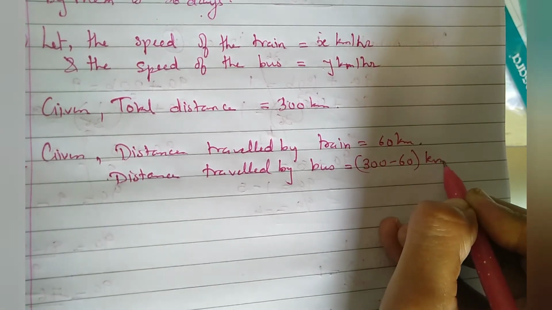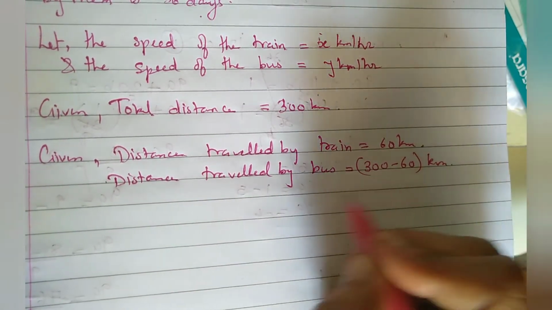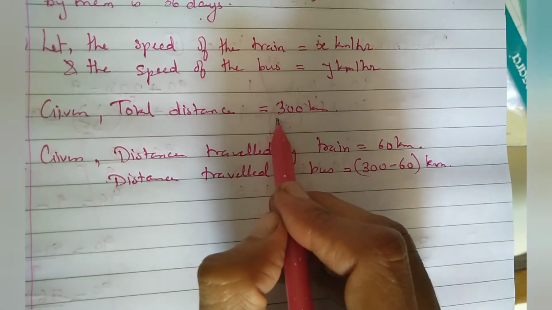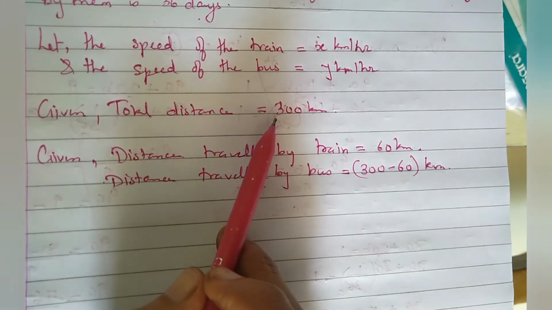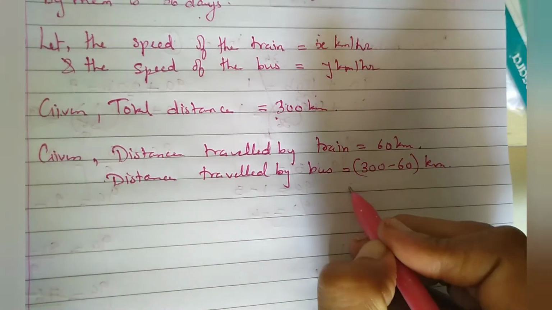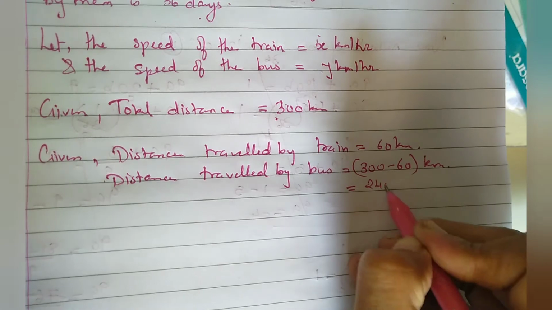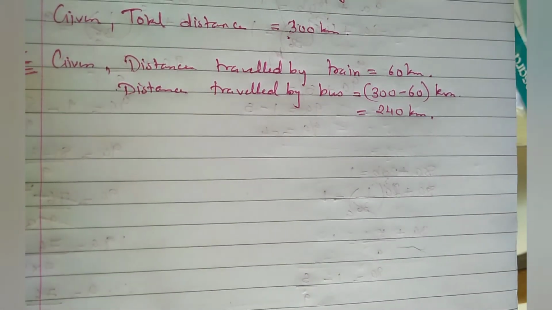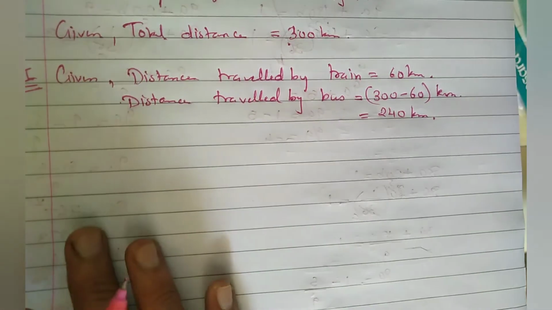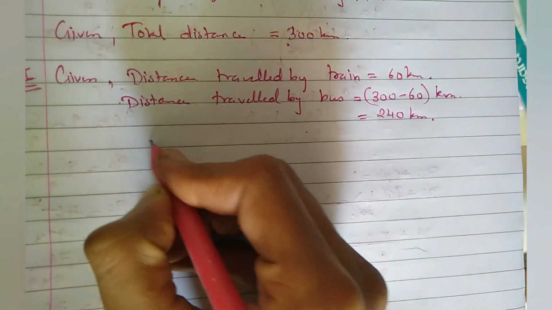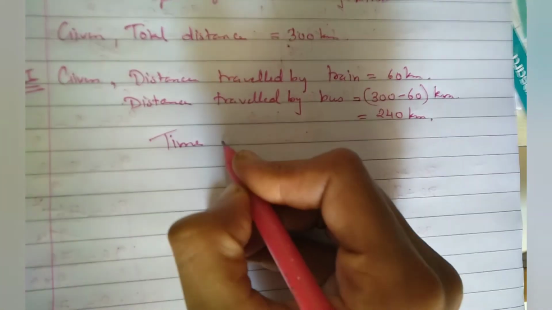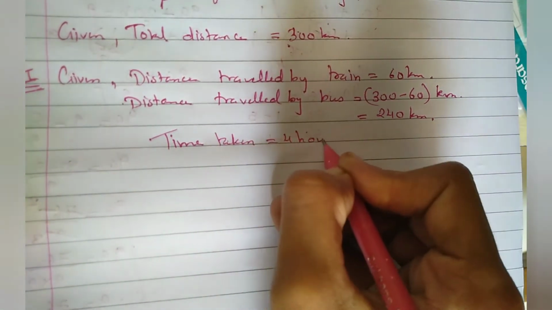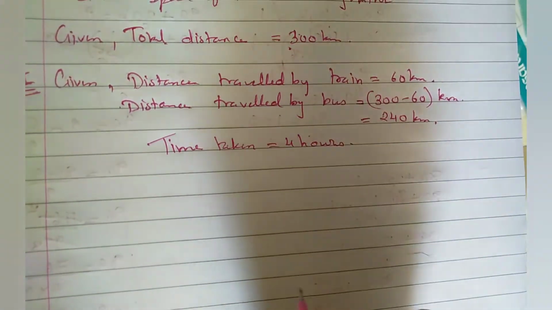Why 300 minus 60? Because the rest of the kilometers she travelled with bus. So 300 is total distance from home. So 300 minus 60 is equal to 240 kilometer. Now time taken, total time taken is 4 hours. Okay, 4 hours she had taken.